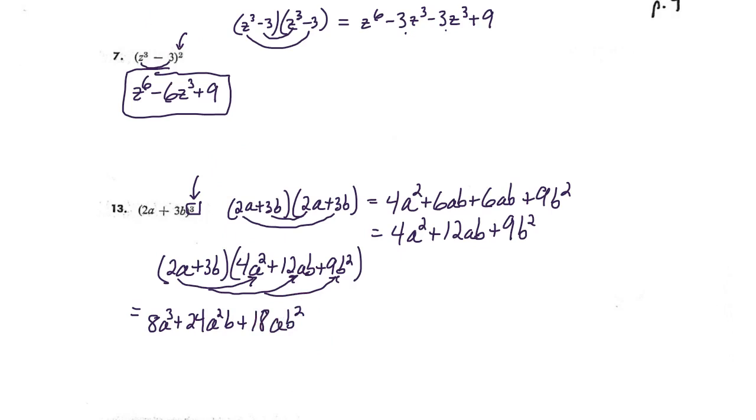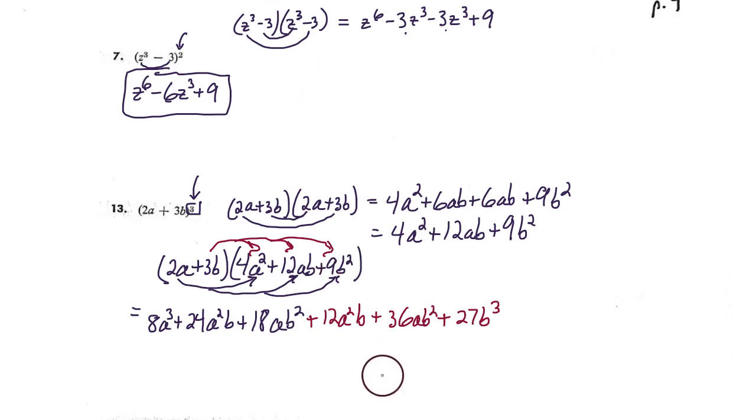Then go to the 3b and distribute it to the 3 things in the trinomial. 3b times 4a squared is 12a squared b. 3b times 12ab is 36ab squared. And 3b times 9b squared is 27b cubed.